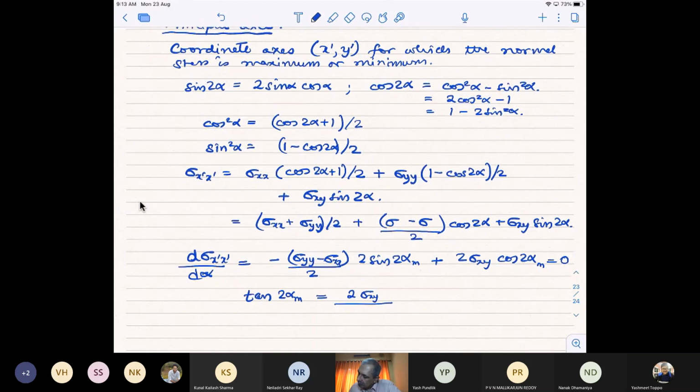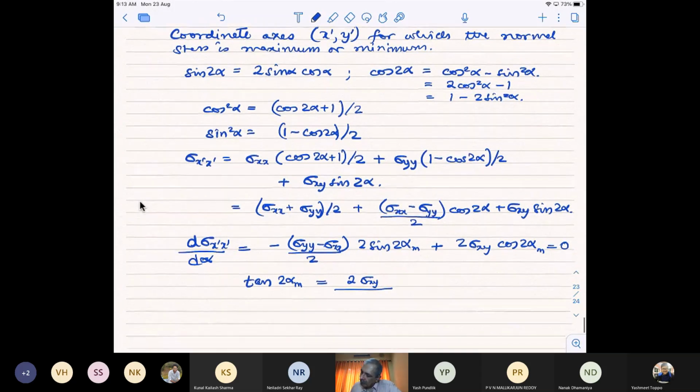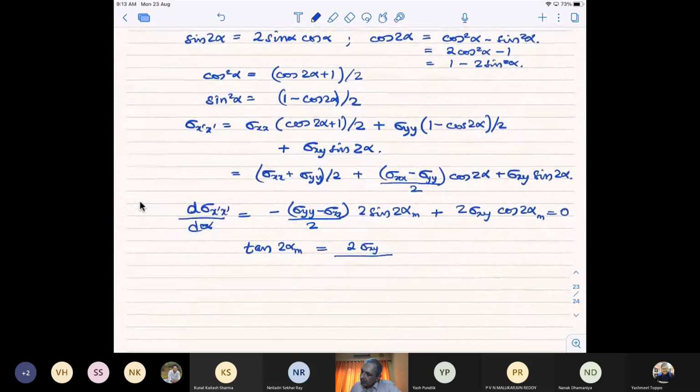It should be correct. This cos alpha is positive here and negative there, so I made a mistake there. So I just remove this. Then this becomes sigma xx minus sigma yy.